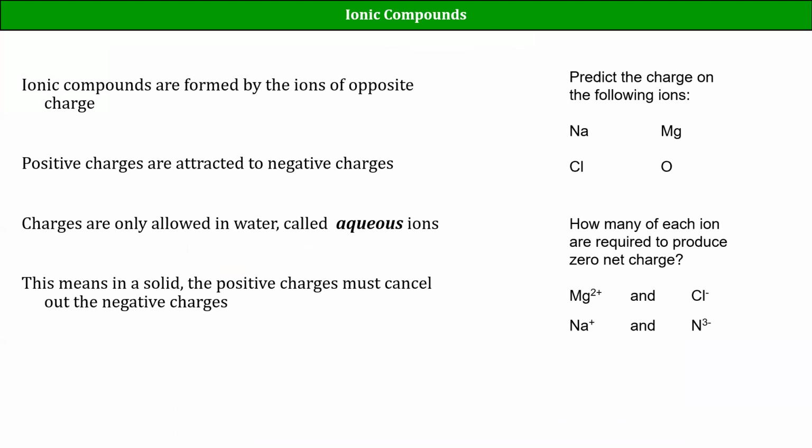All right, this is more practice with balancing out charges to get the formulas. What would the formula for sodium nitride be? What's the charge on nitride? -3. And sodium is +1.